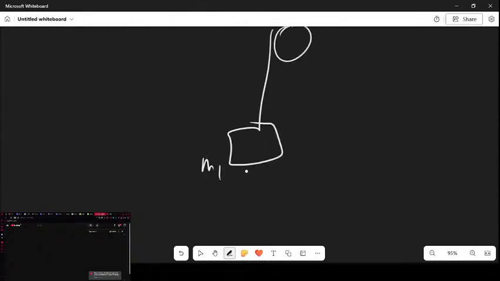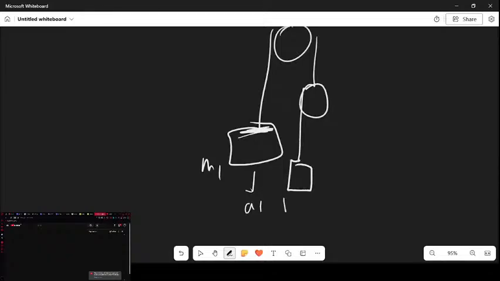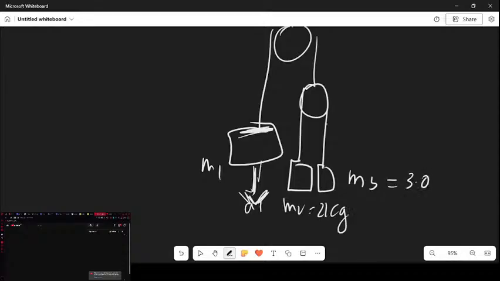M1 is moving with an acceleration A1, M2, M3. If this is moving down with an acceleration A1, M1 is 1 kg, M2 is equal to 2 kg, M3 is equal to 3 kg.